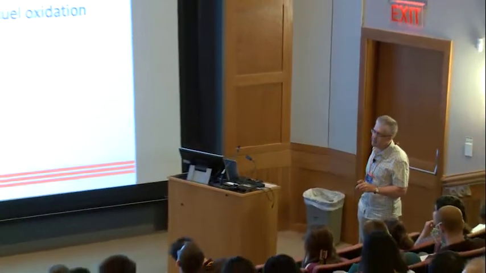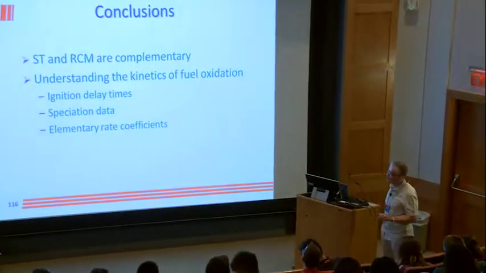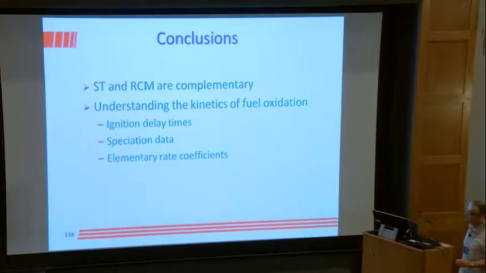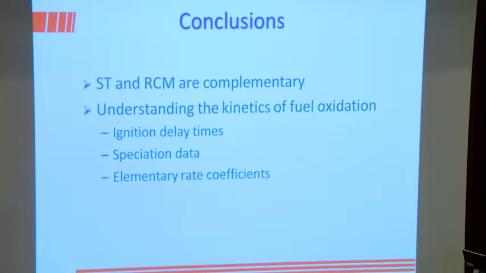And if you want to study a wide range of conditions, use both. That's my recommendation, okay? It's good for understanding the kinetics of fuel oxidation. A basic thing you can get with both is ignition delay times, but you can also get speciation data and sometimes even elementary rate coefficients using both of them, okay?